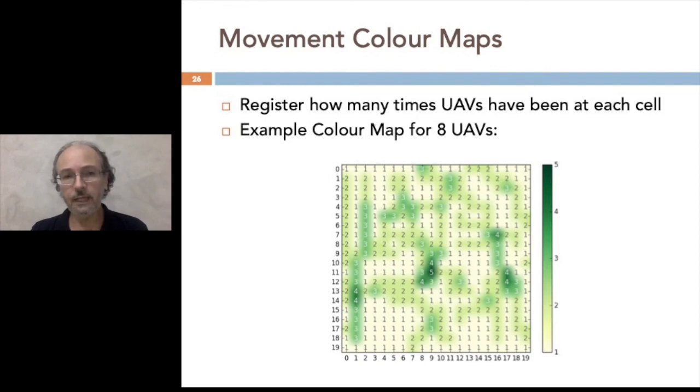And we use a range of colors from a light color to a dark color. And darker colors represent more frequently visited cells, and we can then see, we have a visual tool to evaluate how was the movement pattern of our strategy, and evaluate how redundant or not the solution or the strategy has been in terms of movement.